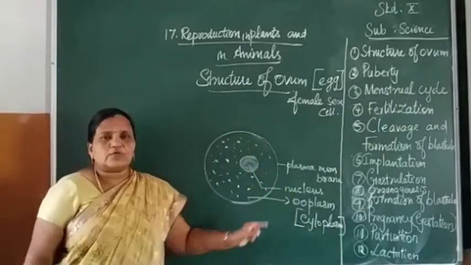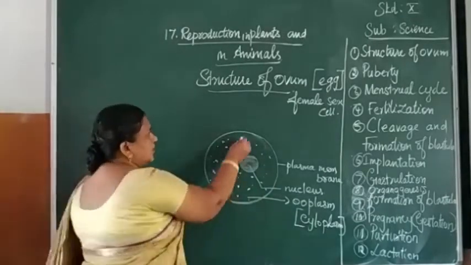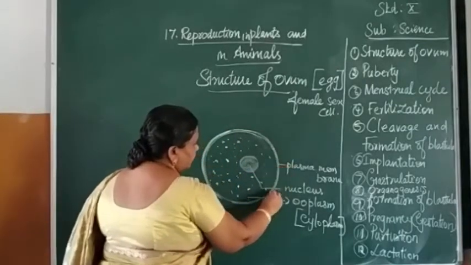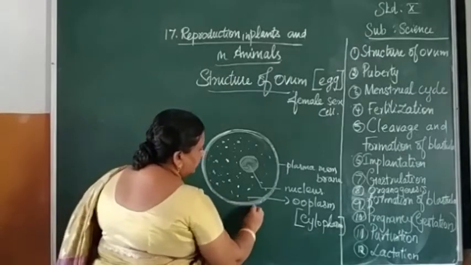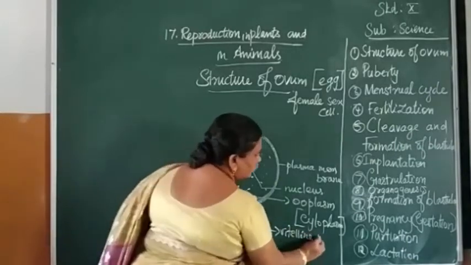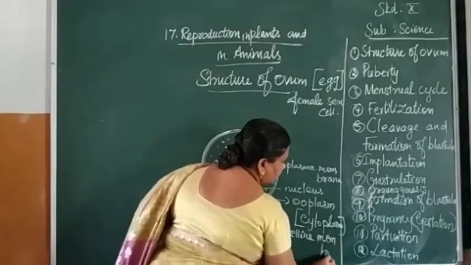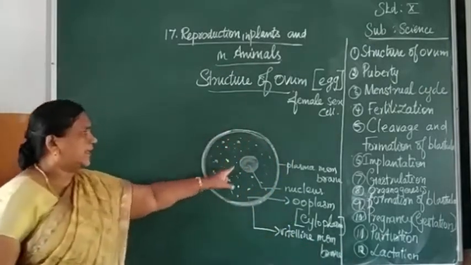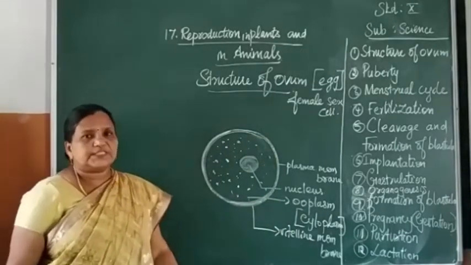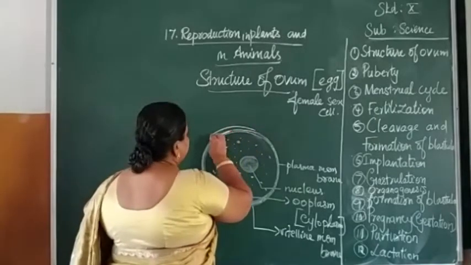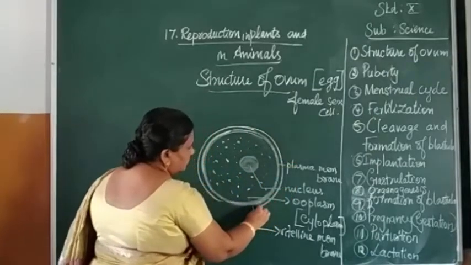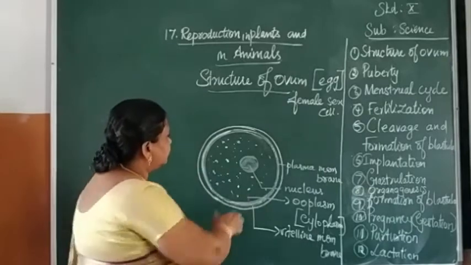Now this egg cell is surrounded by three different layers. The outer layer, attached nearer to the plasma membrane, is called the vitelline membrane.